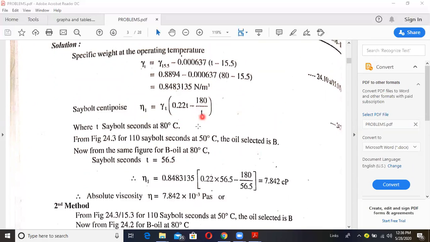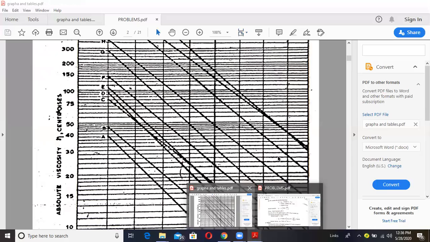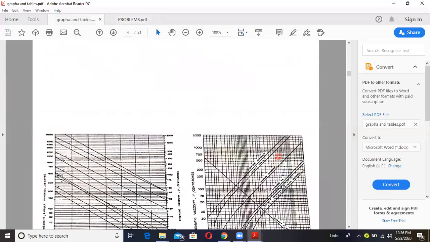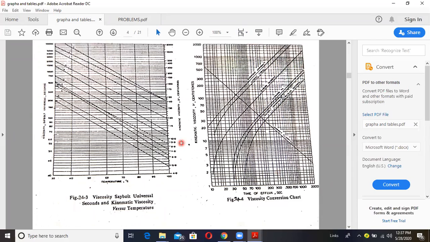This T can be calculated by using the figure. Now, from figure number 24.3, so I will go to figure number 24.3. If you see this figure 24.3, on the x-axis you have temperature, that is the operating temperature.